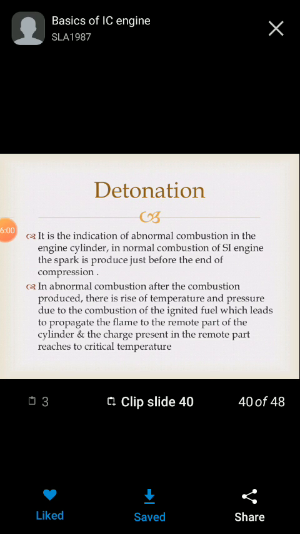Detonation. It is the indication of abnormal combustion in the engine cylinder. In normal combustion of an SI engine, the spark is produced just before the end of the compression stroke.